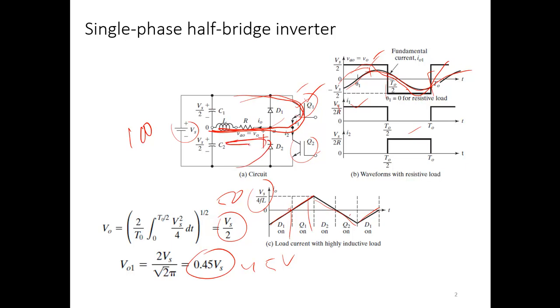From the previous cycle, D2 will conduct: Q1 and D2, Q2 and D1. There is a positive part and a negative part, but the total volt-time on the positive and negative should be the same. That means for a highly inductive load, the current will be a triangular wave.